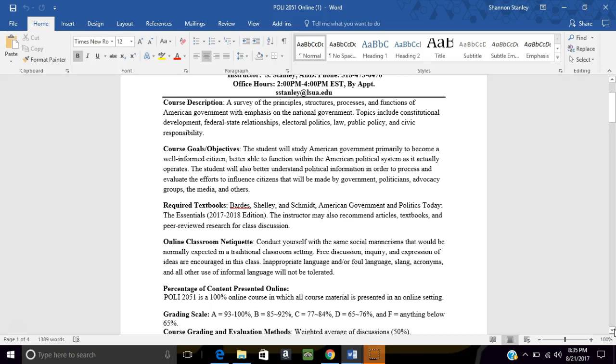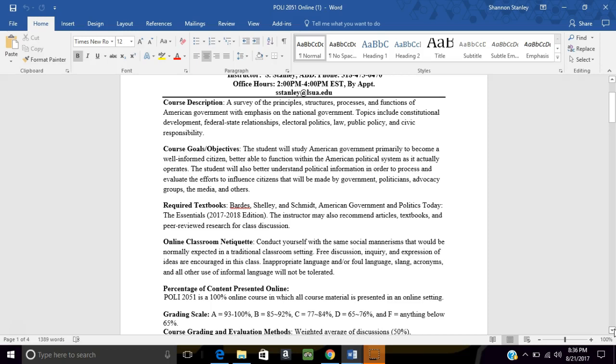Goals and objectives of the course. Remember, this is sort of like a step up from the foundations course. If you had the 1001 class, maybe with Dr. Ordaz, you have a little bit more of an understanding of what's going to be talked about in this course. But our main objectives and our goals will be to study government here in the U.S. to become better informed and to be able to better function within the system we have here in the U.S. as it applies to wherever it is you are locally.